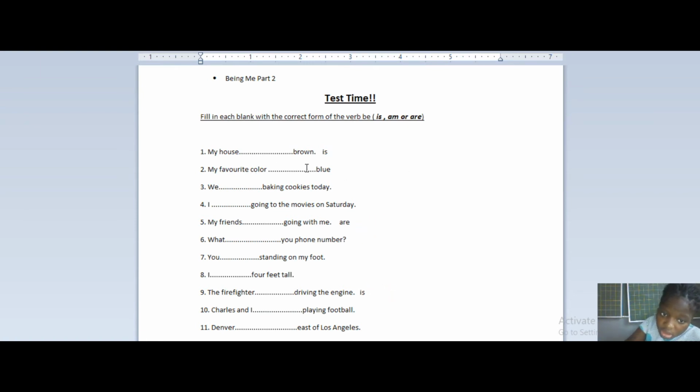My favorite color dash blue. We dash baking cookies today. I dash going to the movies on Saturday. My friends dash going with me. Okay, I've already done that for you. What dash dash dash? There's a mistake here. Your phone number: what dash your phone number? You dash standing on my foot. I dash 4 feet tall. The firefighter dash driving the engine. Charles and I dash playing football.